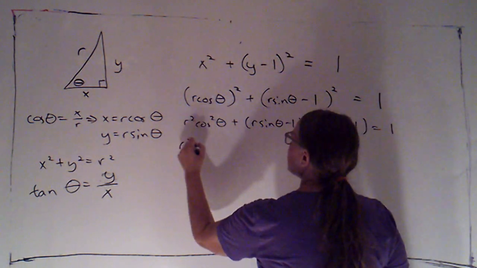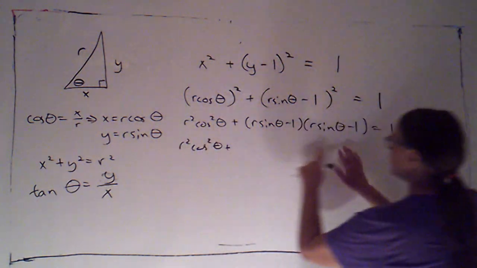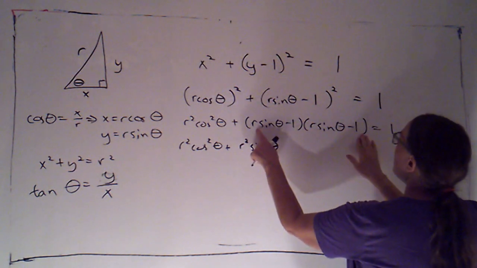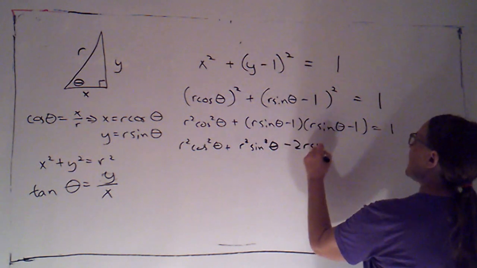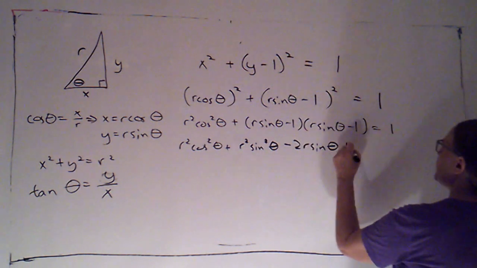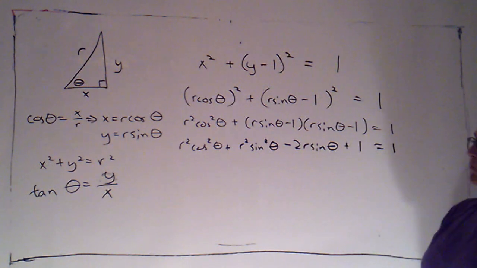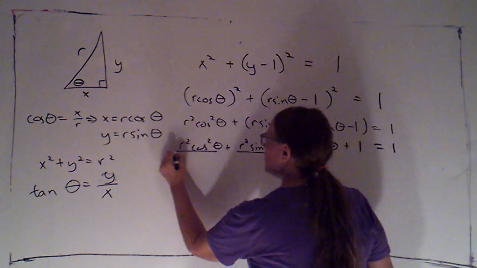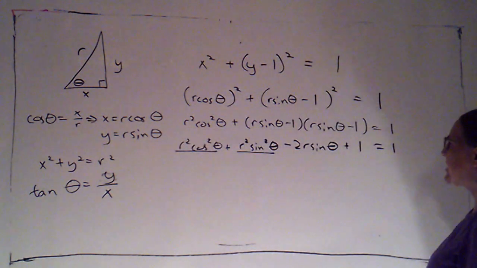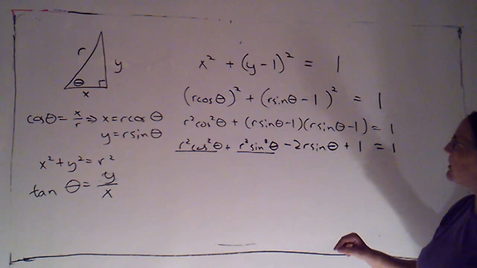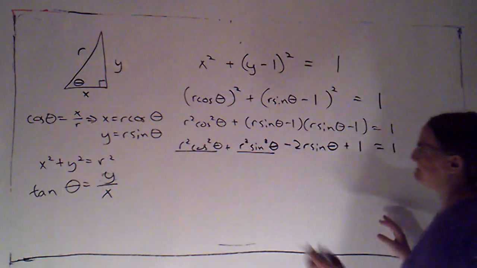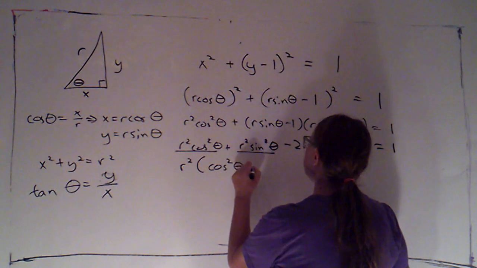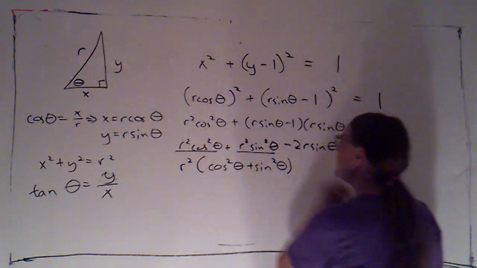All right, so r squared cosine squared theta plus, let's FOIL this. We're going to have r squared sine squared theta minus 2 copies of r sine theta, and then plus 1 equals 1. Okay, from these first two terms, I'm going to go ahead and factor out that r squared, because I can see then that's multiplied by cosine squared theta plus sine squared theta.